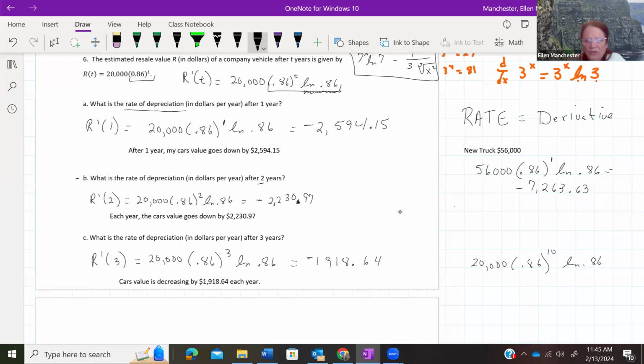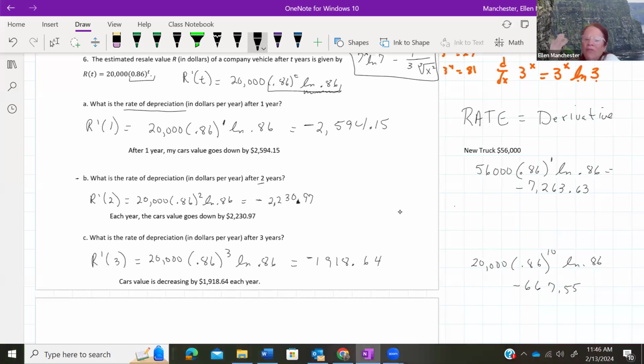Well, when you do that, your number goes way, way down. It goes down to a negative 667.55. So I am under $1,000 per year that it depreciates. So the rate of depreciation slows down the longer you have your car.